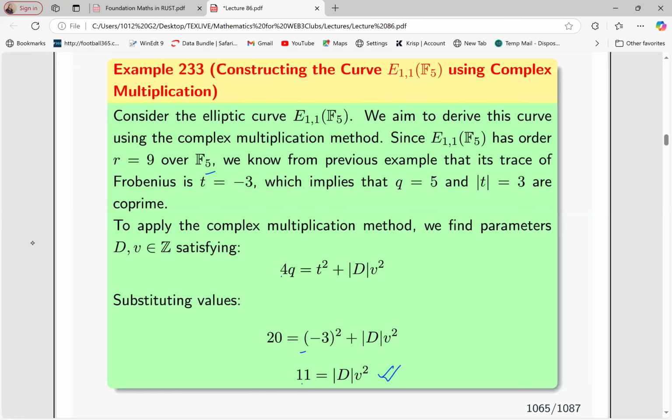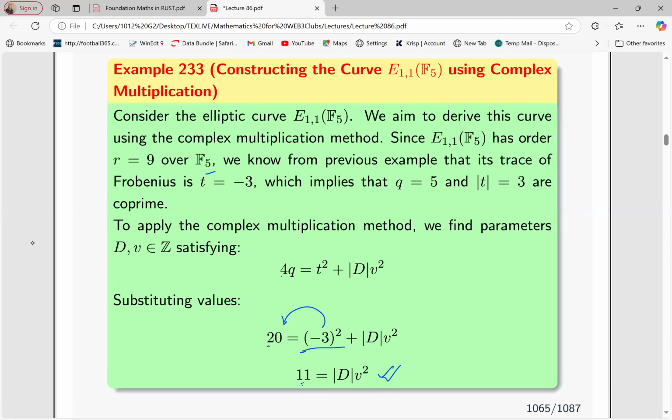We've seen how 11 has come up: 9 went to the other side, and 20 minus 9 gives us 11. On the right side we remain with d multiplied by b squared. So the question is, what is our d? Because it's d we want to come up with, then b.